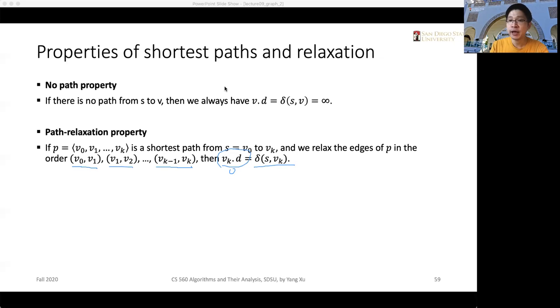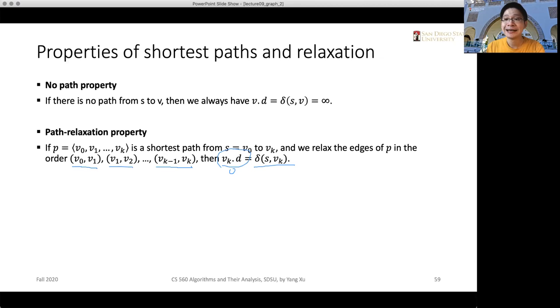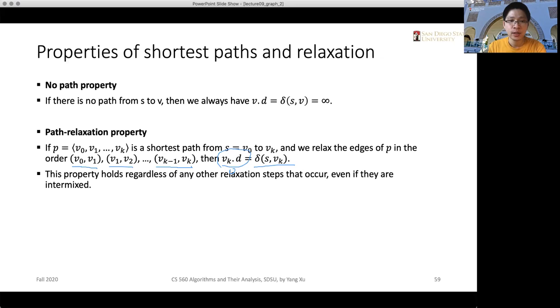This is a quite useful property because it basically tells us how to find the shortest path from S to Vk. As long as we relax all the edges in such an order, it's guaranteed that we will have the shortest path from S to Vk. This property will hold regardless of any other relaxations that occur.